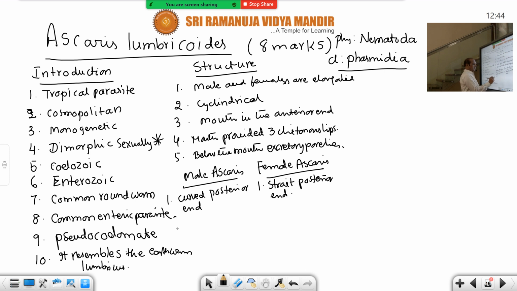In the male, the cloaca opening is present in the curve of the posterior end. In the female, posterior end means tail, and the anus lies at the posterior end.